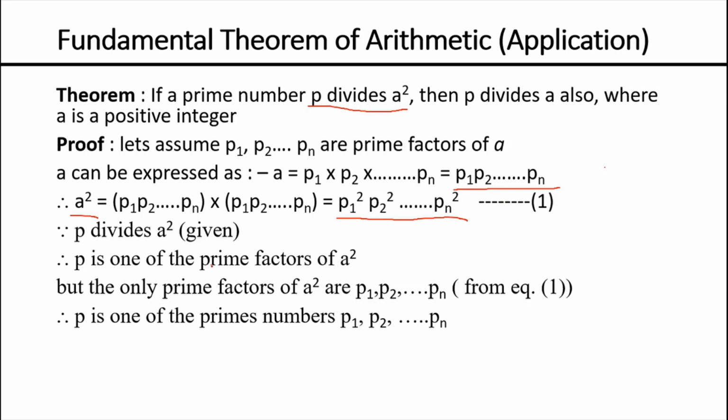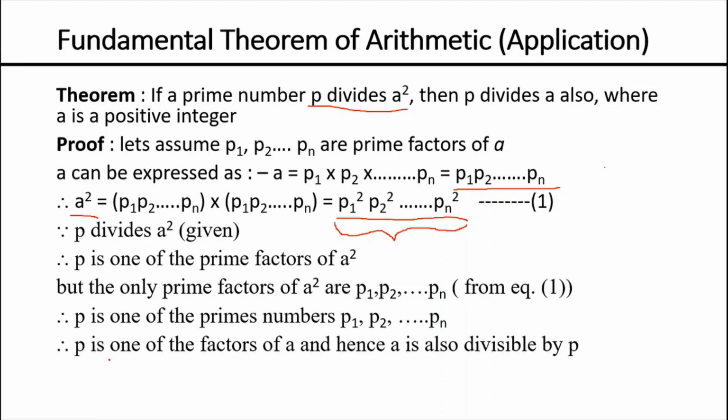Since p is one of the prime factors of a squared, p has to be one of these prime numbers only. Therefore p is one of the factors of a, because p1, p2, p3 up to pn are the factors of a. Hence a is also divisible by p.